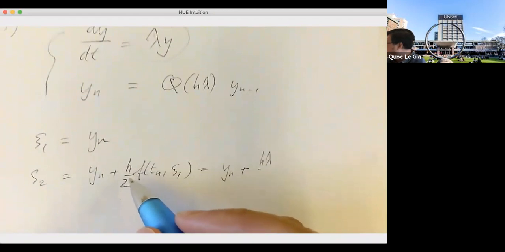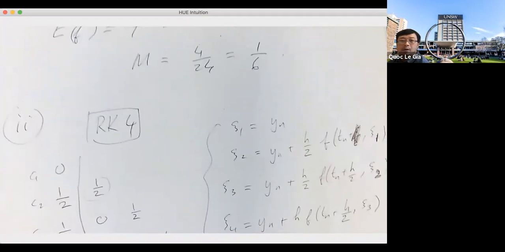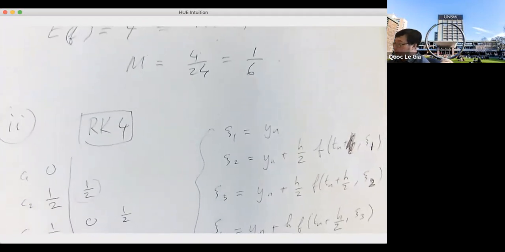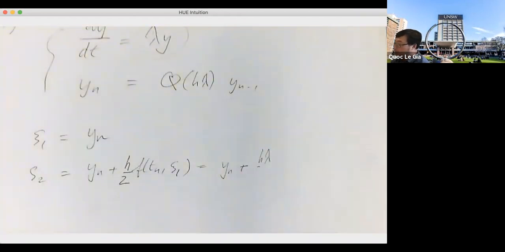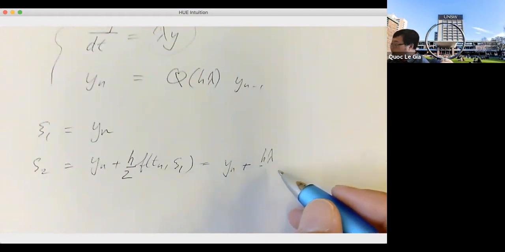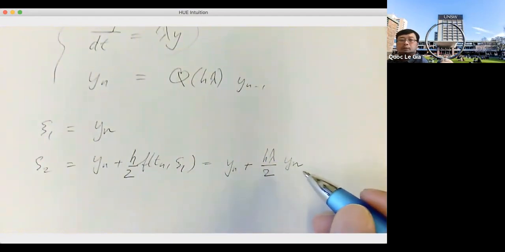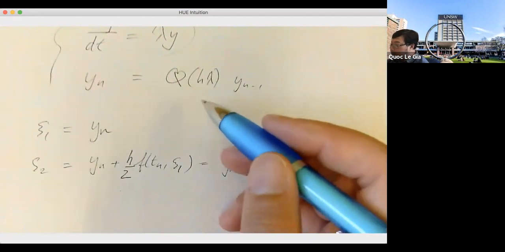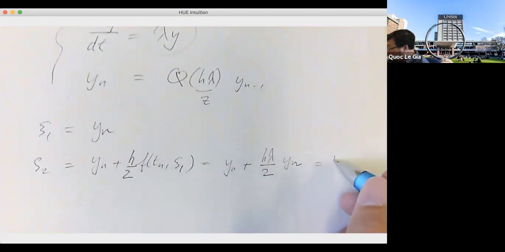If you look at the previous formula we wrote down, xi2 is yn plus h over 2 f of Tn xi1. So you write down h over 2 lambda yn, so lambda yn over 2. And remember, you can label this one as z. So z is h lambda, and this one will be 1 plus z over 2 yn.